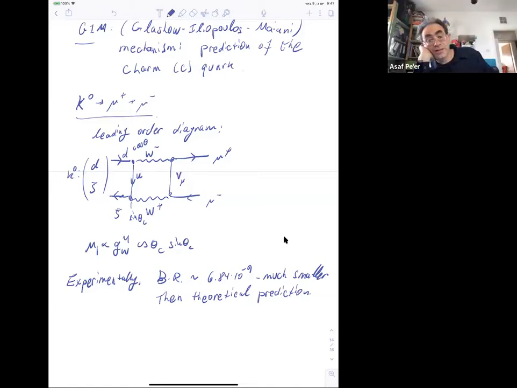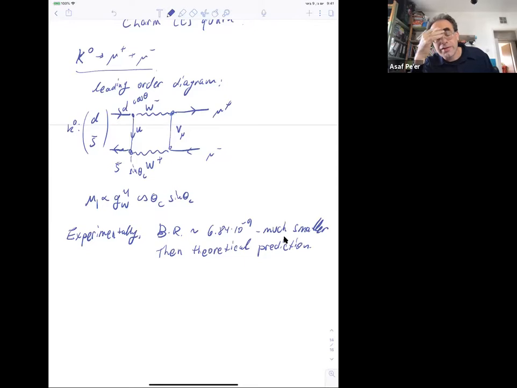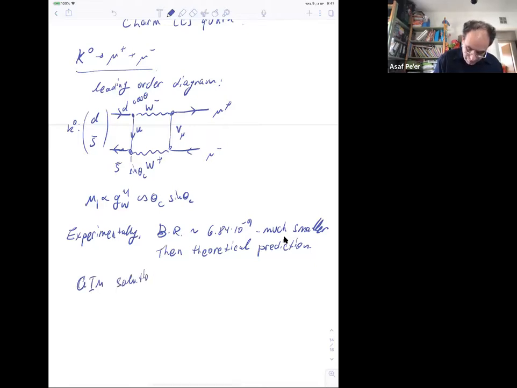So the solution made by these three, Iliopoulos and Maiani, was that maybe there is another quark, a fourth quark, which is a charm quark, whose coupling to the S and the D carry these factors of cosine theta and minus sine theta. So we have the GIM solution: the new quark is a charm.